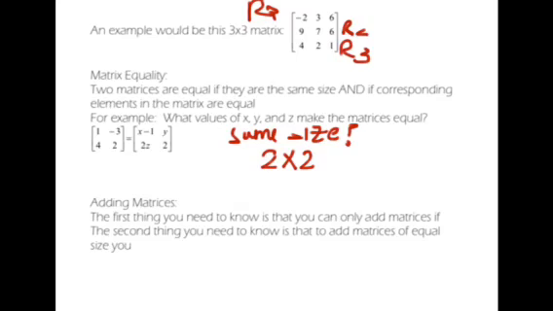Then you have to set corresponding entries equal to one another. So this 1 has to be equal to this x minus 1. This negative 3 has to be equal to this y because they're corresponding entries.